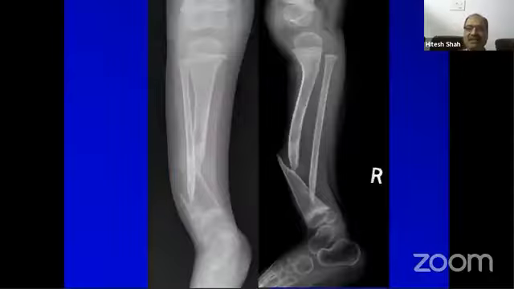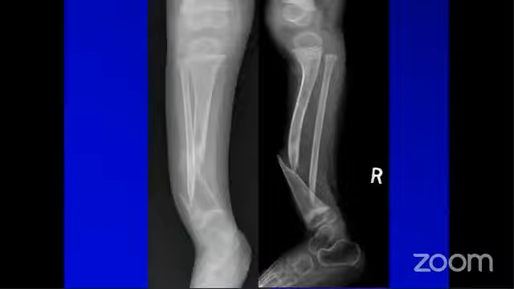Can you describe the X-ray? Sir, a normal radiograph showing tibia and fibula with tibial anterolateral bowing and a fracture at the junction of the distal one-third and middle-proximal two-thirds.